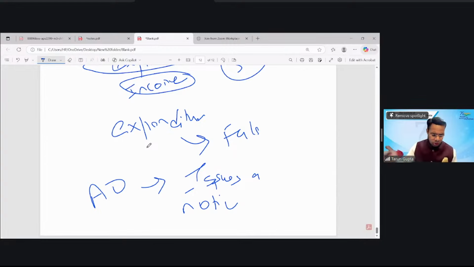So the notice only asks the assessee to furnish a return of income of the block period. A similar notice was issued in the case of 147 as well, the notice under section 148. The notice was nothing; it only asked the assessee to furnish a return of income. Similarly here, the notice only asks the assessee to furnish a return of income of the block period.